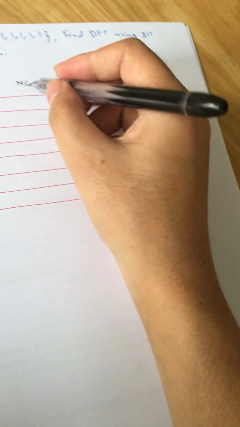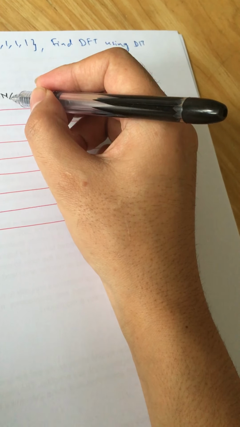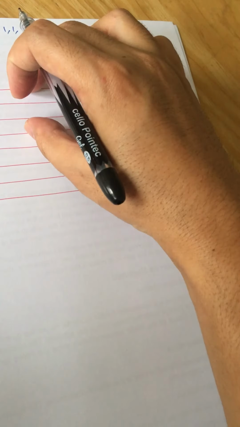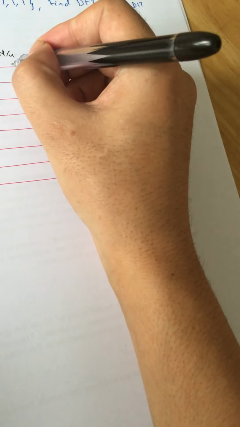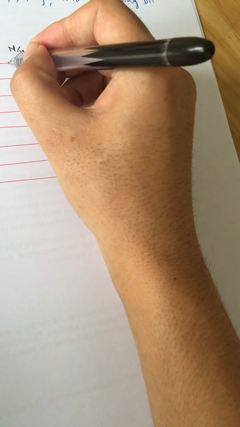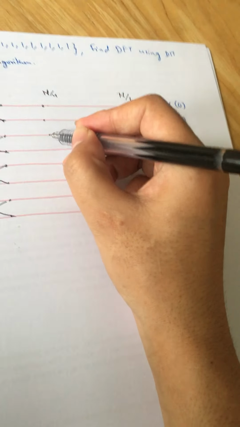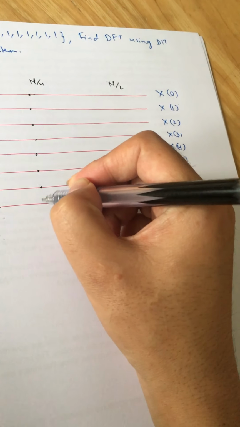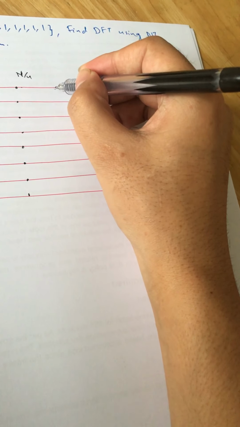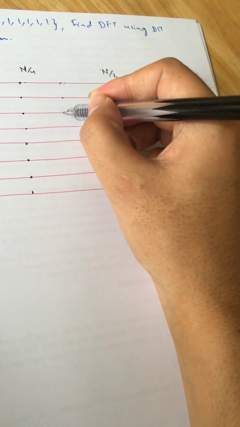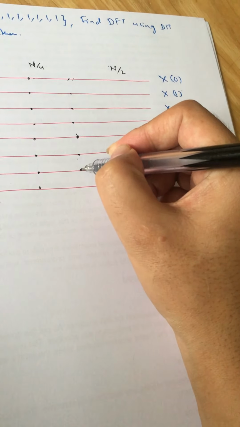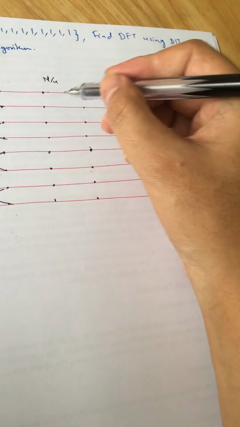Now when you reach N by 4, again we will mark the dot to make your figure clear, neat and tidy. I am holding the camera myself, which is making it difficult.